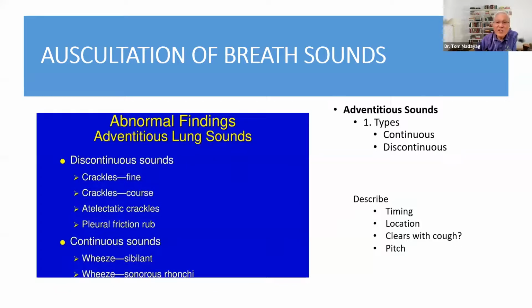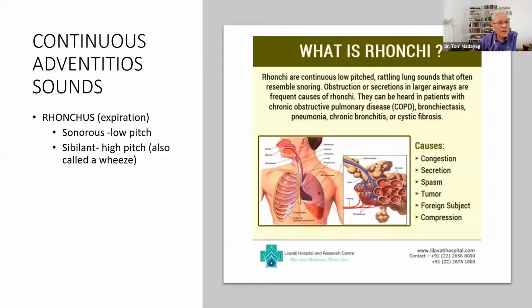So let us go on and discuss the first adventitious breath sound, and that is what is called rhonchus, or rhonchi. So what is rhonchi? Rhonchi is produced by the fluttering of narrowed airways and the air that flows through them.